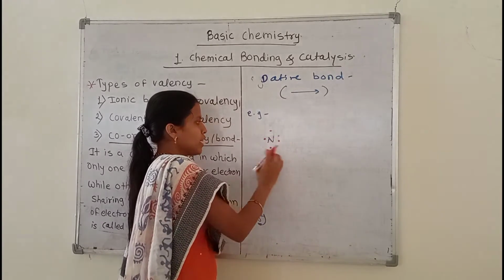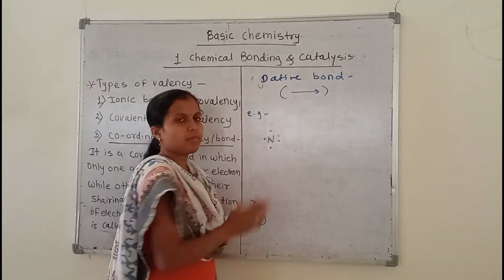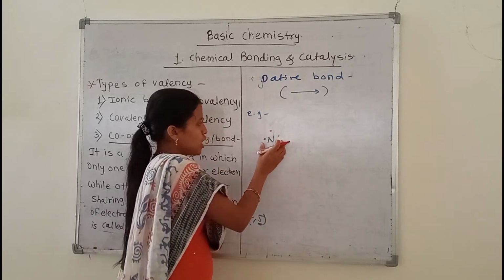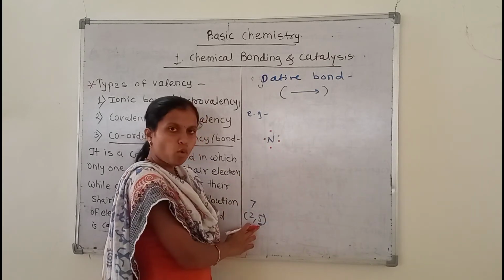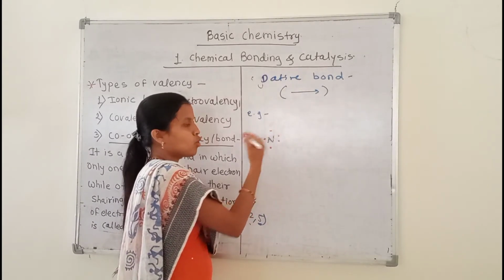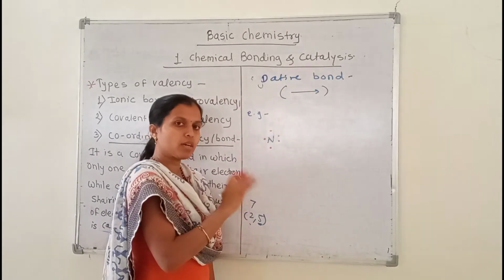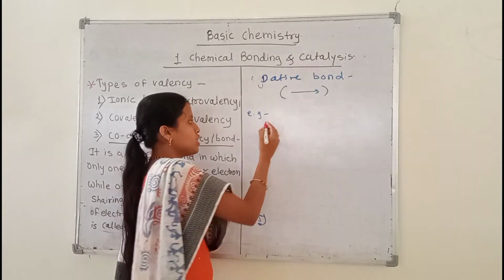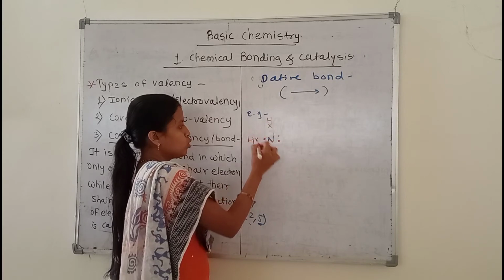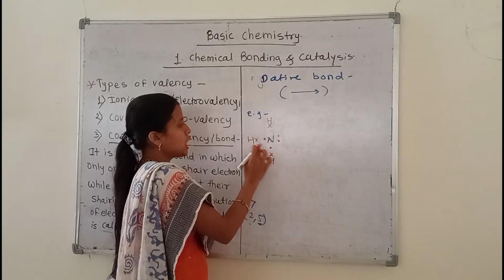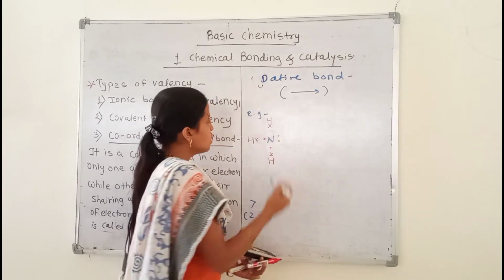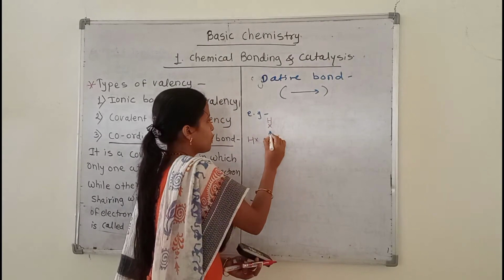These 5 electrons in the nitrogen atom are represented by dots, and the nitrogen atom requires 3 more electrons to complete its octet. So nitrogen can take 3 electrons from other atoms to complete its octet, and it shares electrons with hydrogen. The hydrogen electrons are represented by cross signs. Then the bond is formed.